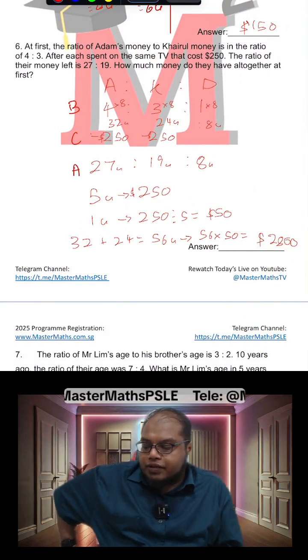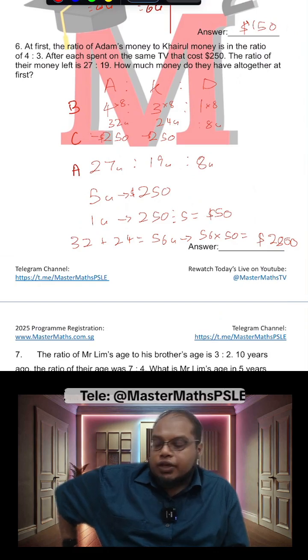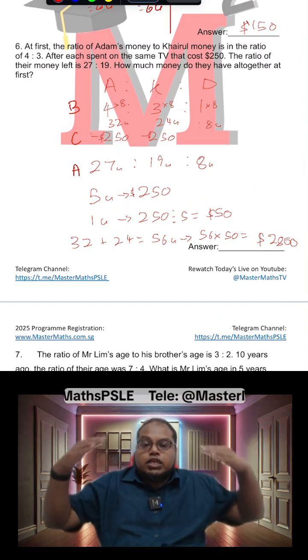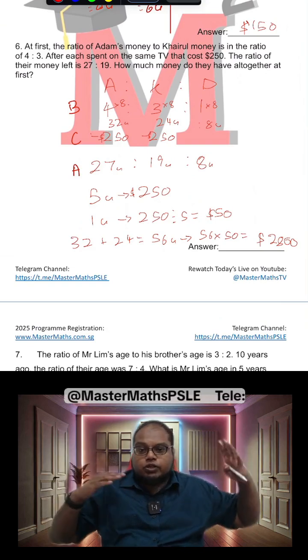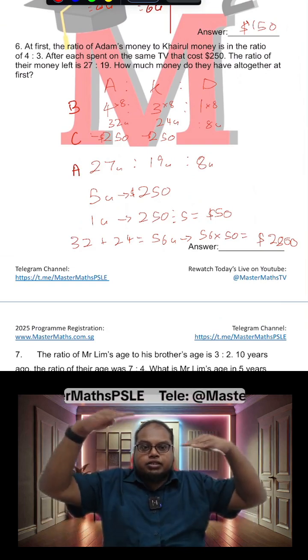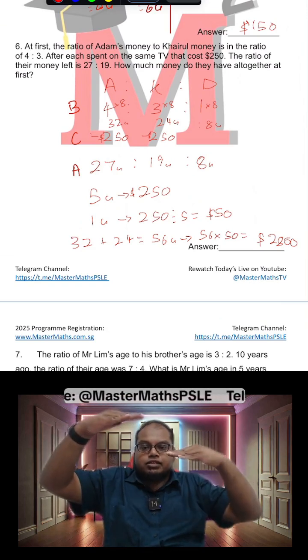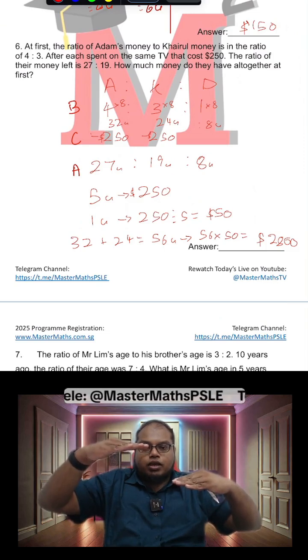Question 6. At first, Adam's money to Khairul's money is in the ratio of 4:3. This was a spending money on TV question. So when it's equal decrease, again, it was like the age question just now. Let's say this is Adam's money, this is Khairul's money. When they spend an equal amount, they decrease the same way.